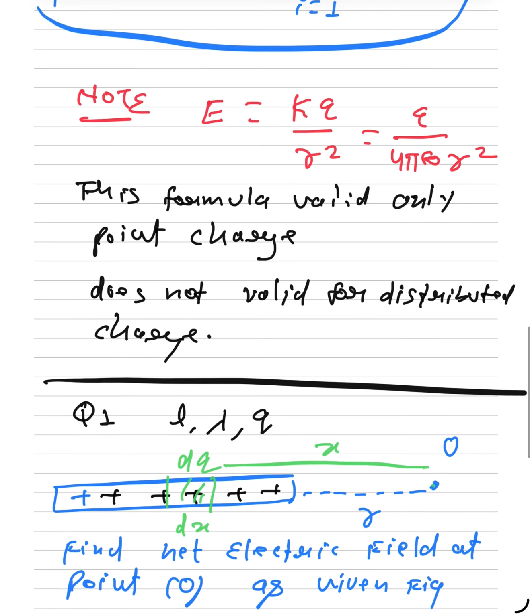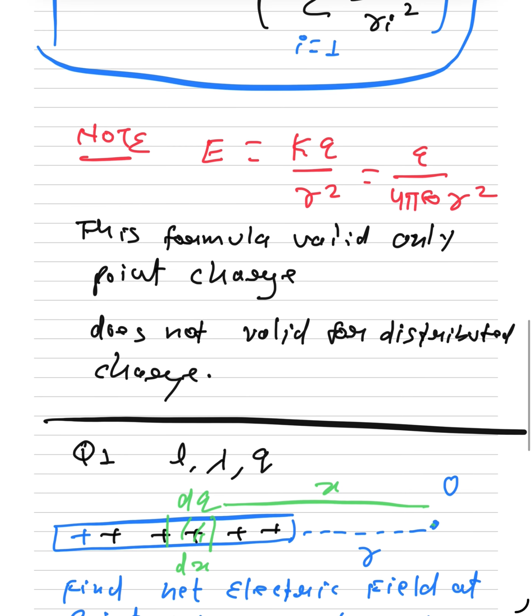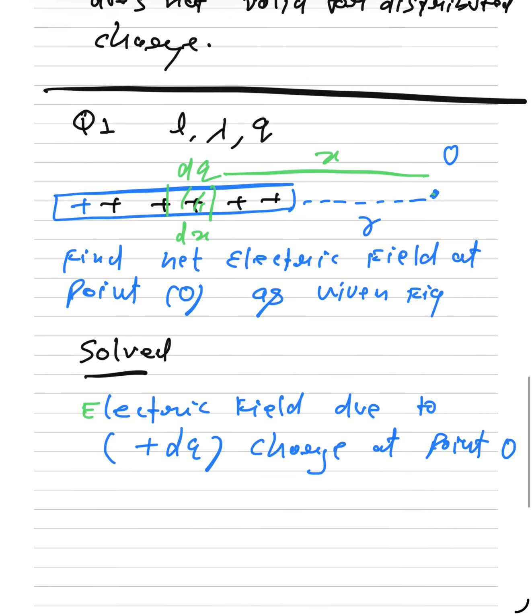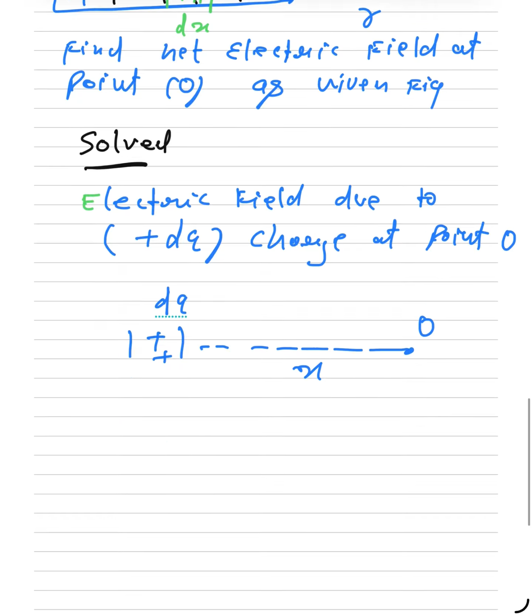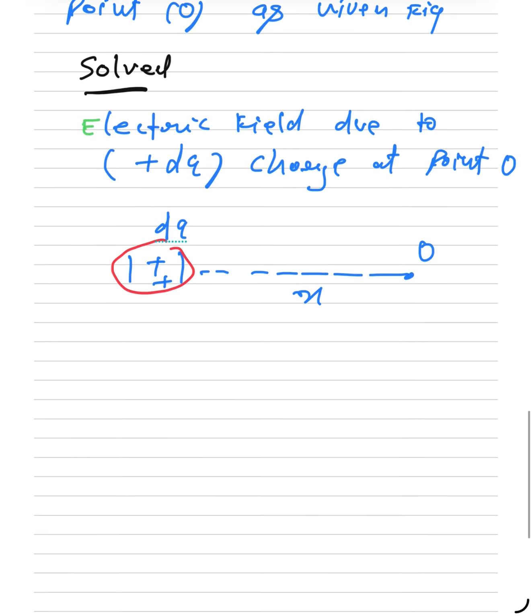Using the formula of Q divided by 4 pi epsilon r square, which is valid only for a point charge, and this also works as a point charge because dq charge is at this separation distance x from point O, right? So the electric field dE equals dq divided by 4 pi epsilon naught x square.